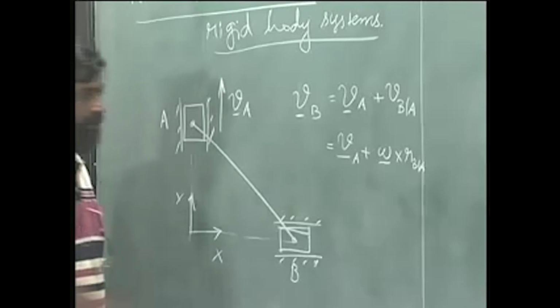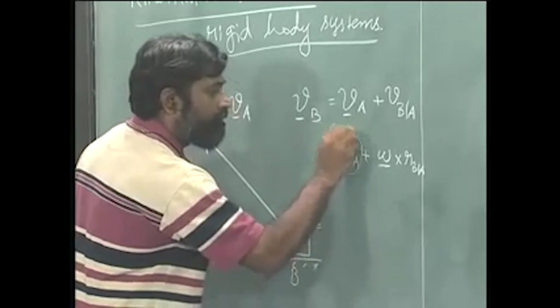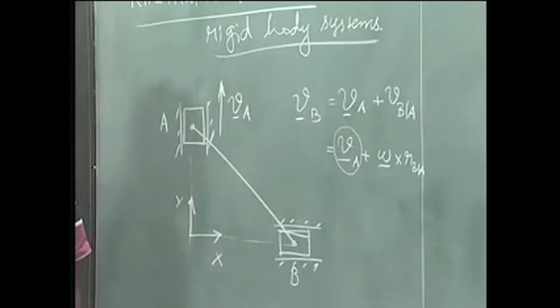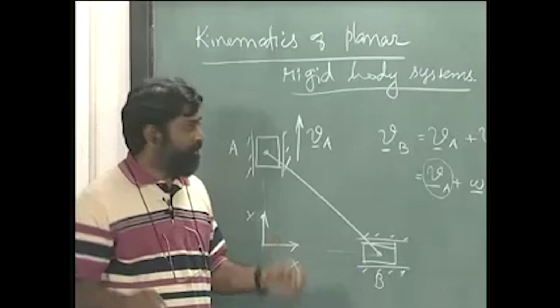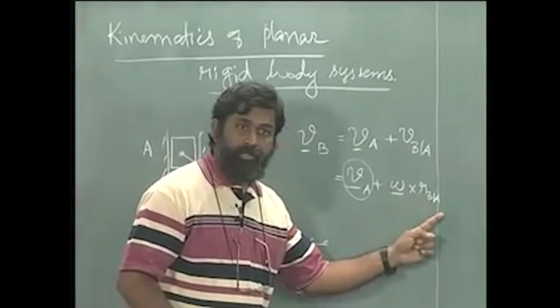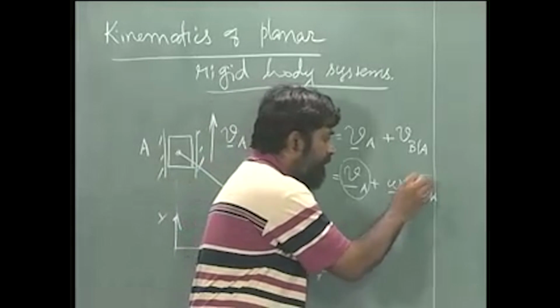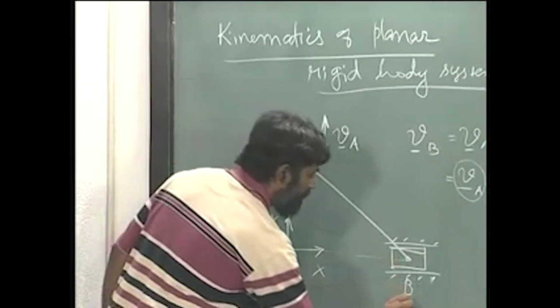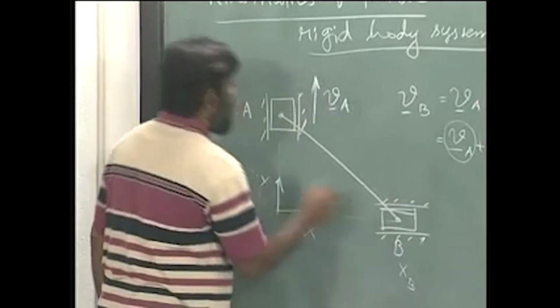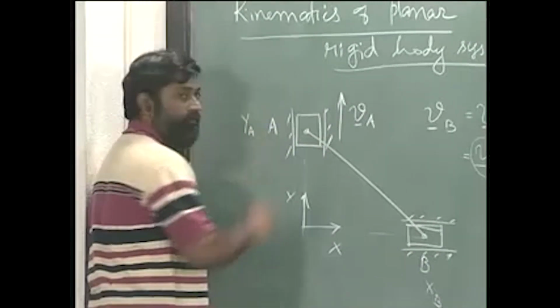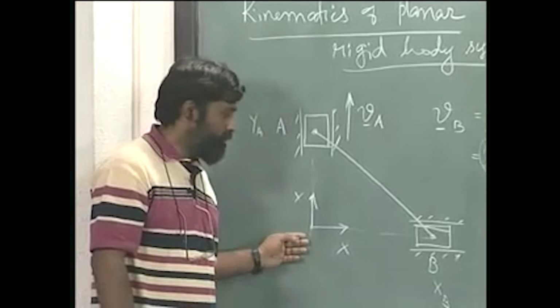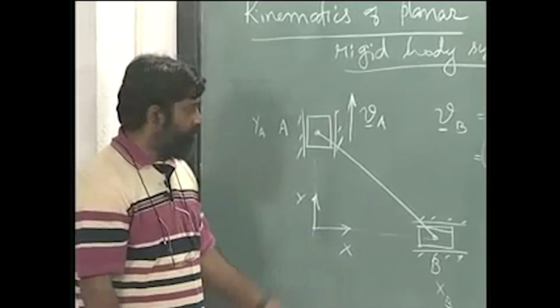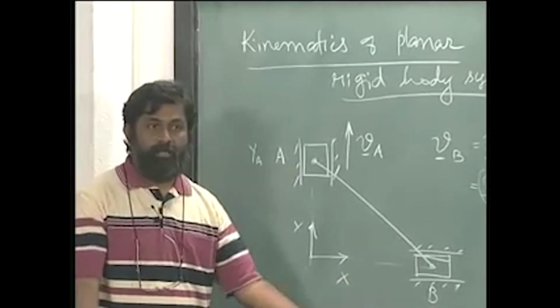What is known here? A is completely known. What else do we know? Do we know r of B with respect to A? The answer is yes. Let us say we have been given the location, XB and YA. As you know, XA is equal to 0, YB is equal to 0, and this location is where we need to find out.